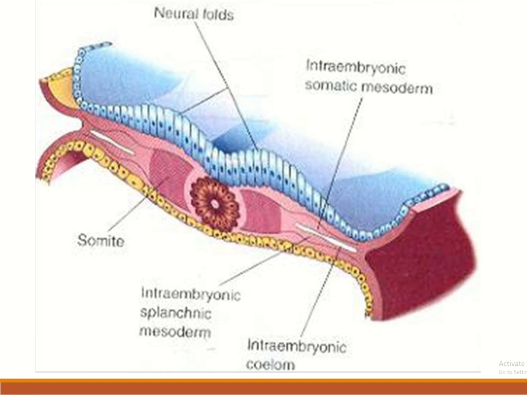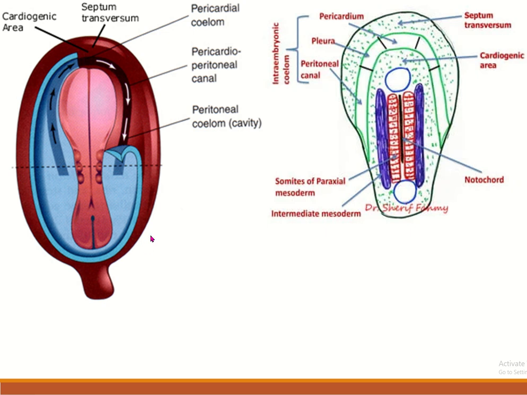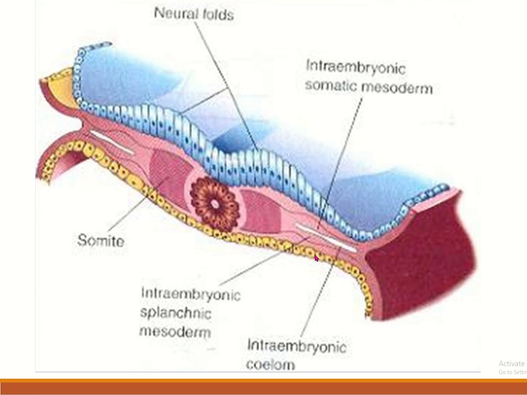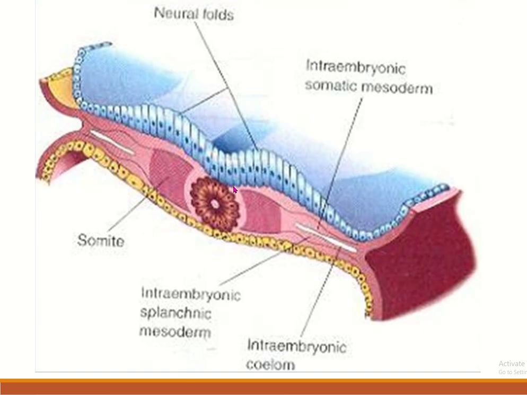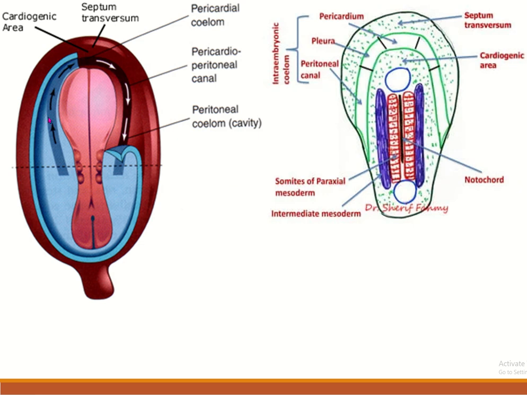Now the gradual formation of the pleura. So this is the intraembryonic coelom, in a single cut section. But how is the intraembryonic coelom located in the trilaminar germ disc? It is located like this.